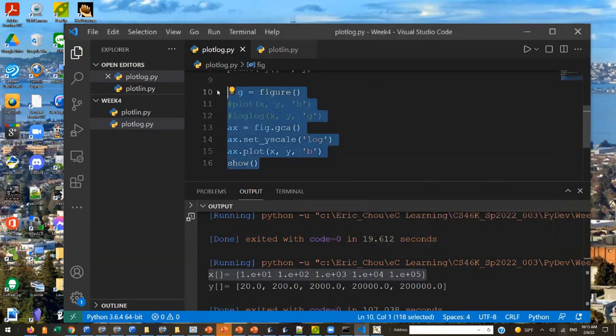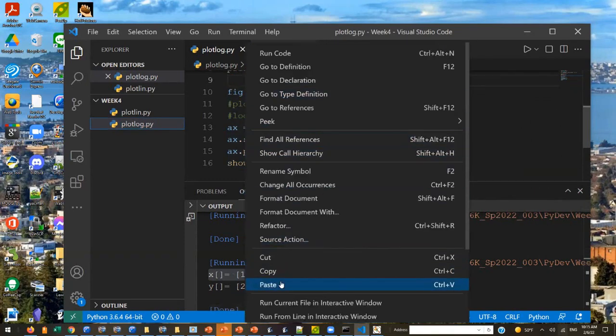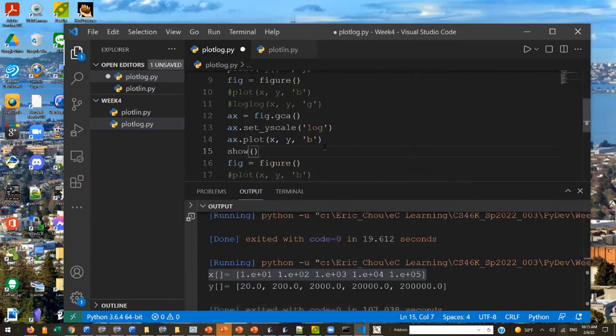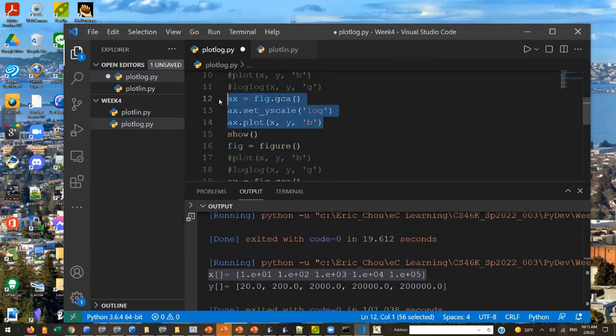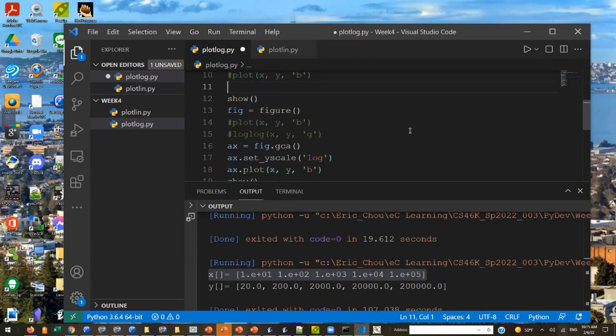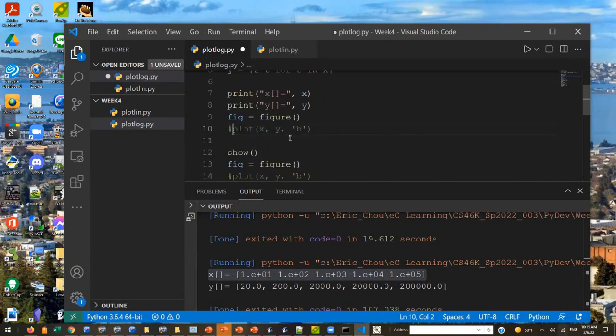So let me copy it for 3 parts, so after class you can still use it. First part, let me delete all of these. Here I'm going to use plot, first figure. Then the second part I call figure 1.